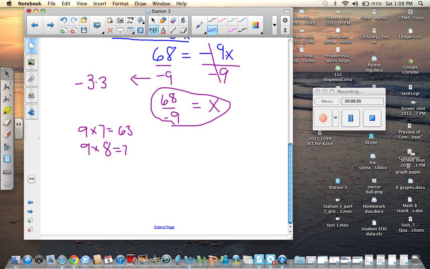We only have 68 to use. So that means that we can form a 7. And then 68 minus 63 is 5, so we have a remainder of 5/9. So this is -7 and 5/9. So you could write it either way.